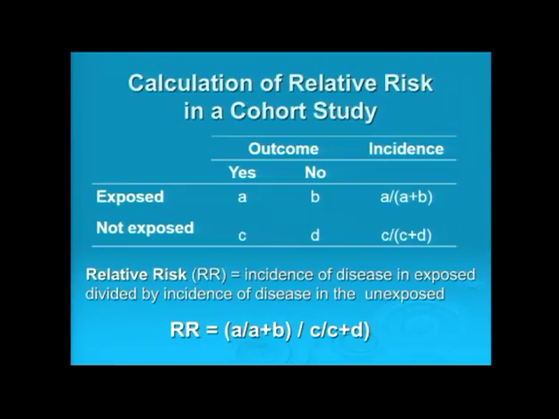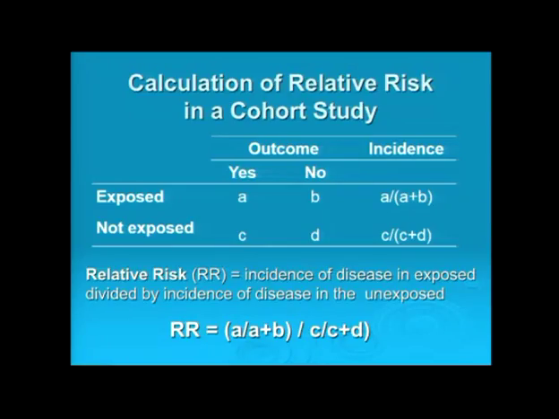If you look across the row, A divided by all the people who are exposed would be the incidence rate of disease in the exposed group, and C over C plus D is the incidence rate of disease or outcome occurrence in the non-exposed group. And so we now calculate a relative risk.